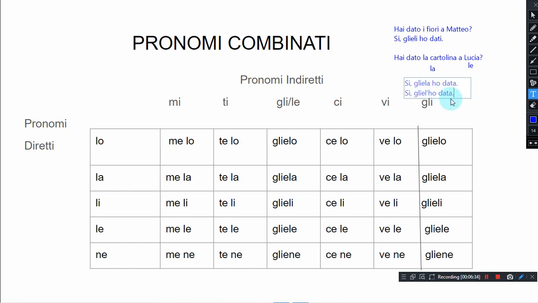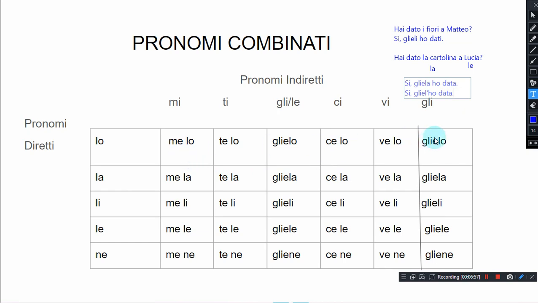This only applies to tenses such as passato prossimo, condizionale composto, futuro anteriore, congiuntivo trapassato e così via. In compound tenses, this is the rule. Okay.